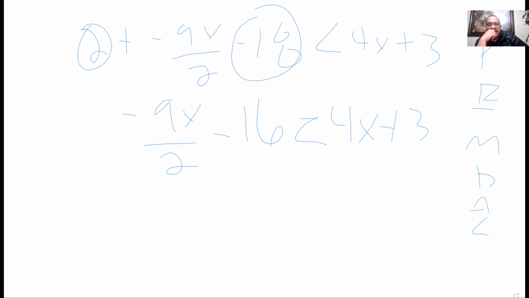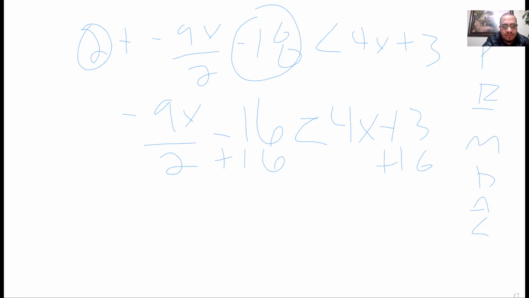All right, now again, we're trying to isolate that x. So the next step in this case would be to add the 16, because I'm going to isolate the x on the left side, right? So I'm going to add 16.